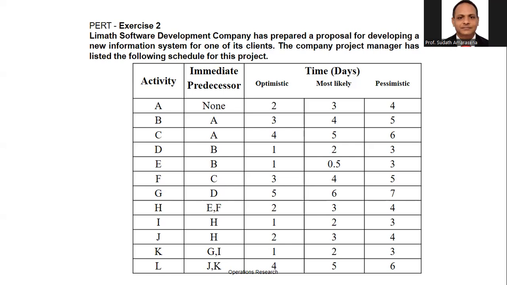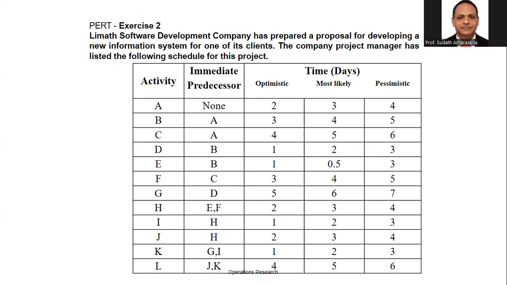D: 2 into 4 is 8, plus 4, 12, divided by 6, 2. E: 0.5 into 4 should be 2, plus 3 and 1, 6 divided by 6, answer is 1.